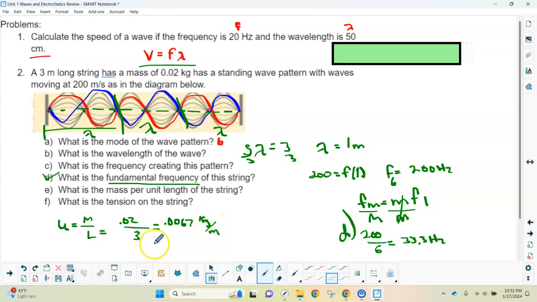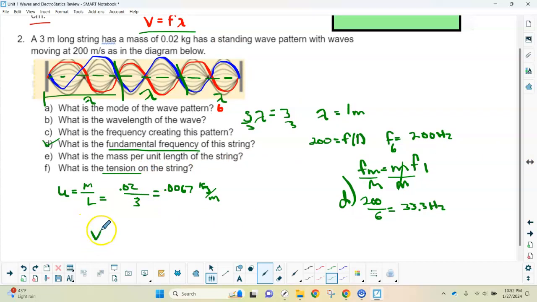Finally, you have to find the tension in the string. The equation that you probably want to use for that is the velocity of the string is equal to the square root of the tension divided by the mass per unit length. I solved for the tension by squaring both sides, so it would be v squared equals Ft over mu, and I'm just going to solve the rest algebraically too. I have mu, and I want Ft all by itself, so I'm going to multiply both sides by mu.